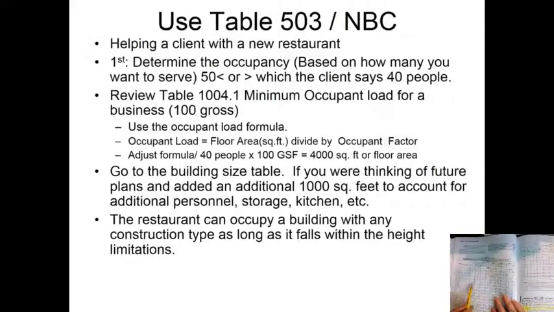We know stories, well, these are huge, but I only need 4,000 square feet or less. So I could build that out of type 5B, go 2-story, and I could have 9,000 square feet. Not that I would need that much, but it's telling you what your options are of what construction type you can build within.